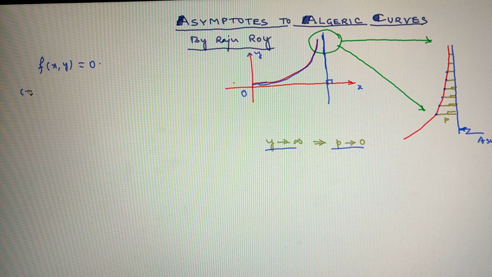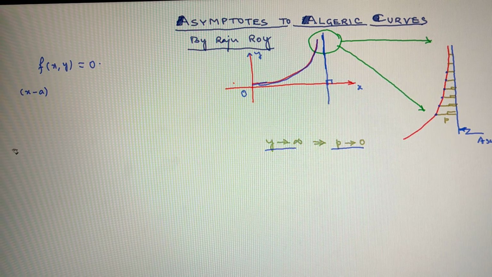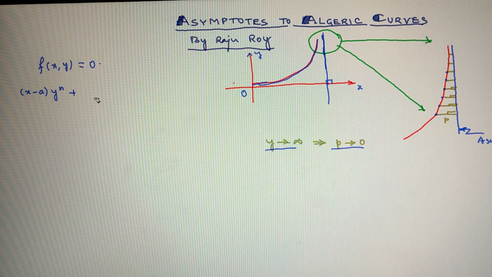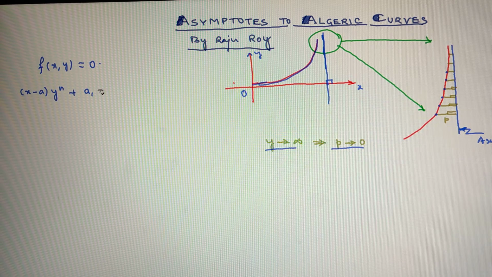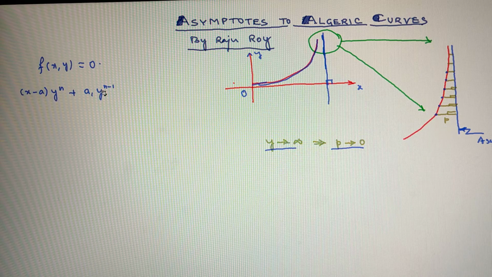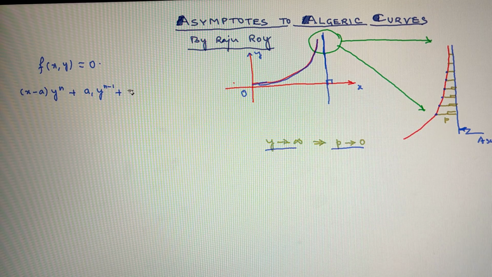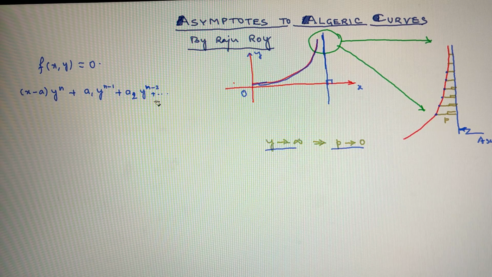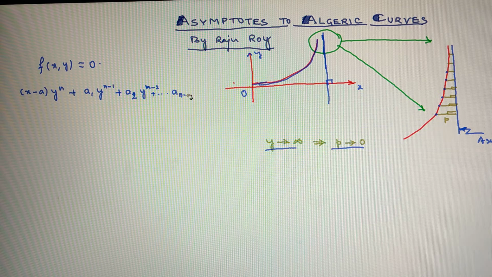Somehow, if I can make this curve in this format: (x minus a) y^n plus a1 y^(n-1) plus a2 y^(n-2) plus dot dot dot plus a(n-1) y plus an is equal to 0.